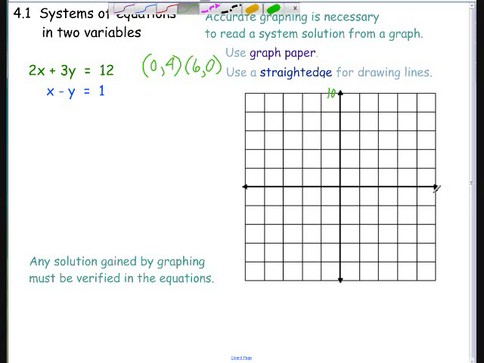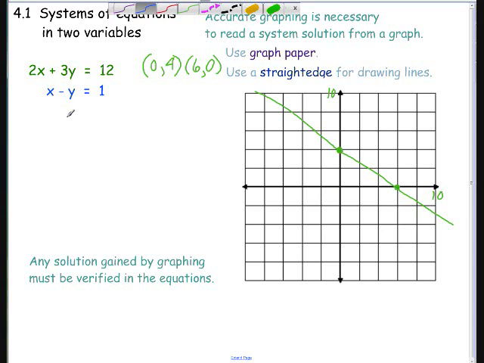The 1-by-1 grid isn't going to work here. When x is equal to 0, y is equal to 4. This is going to be a 2-by-2 grid. When y is equal to 0, 6 is going to be equal to this. So if I were to hand draw a line, that's what I'd get.